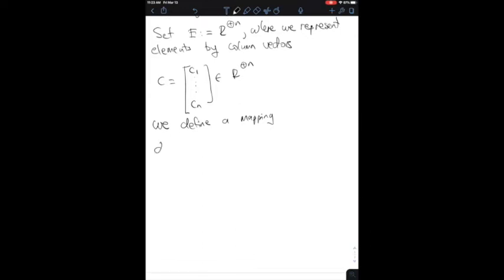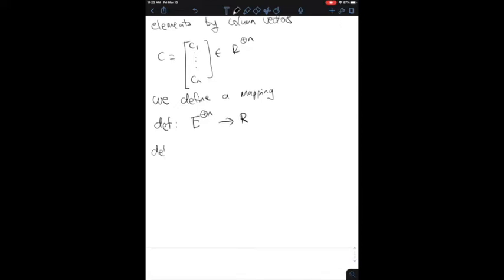So we define a mapping det from E to the n, so the set of n different column vectors, with target R, and it's defined as det of n columns C1 up to Cn, where these are all column vectors, is the determinant of the n by n matrix that you get with C1 up to Cn being the column vectors.